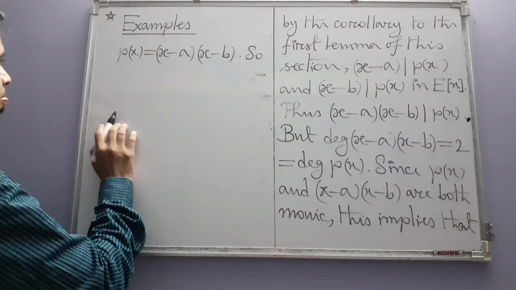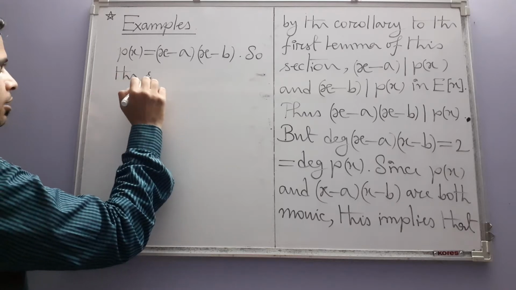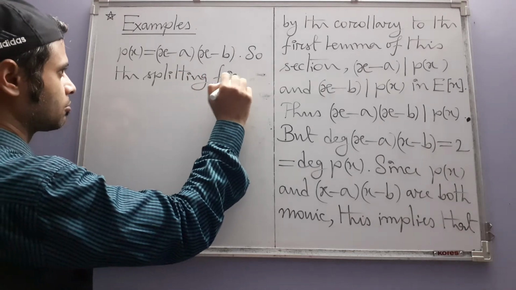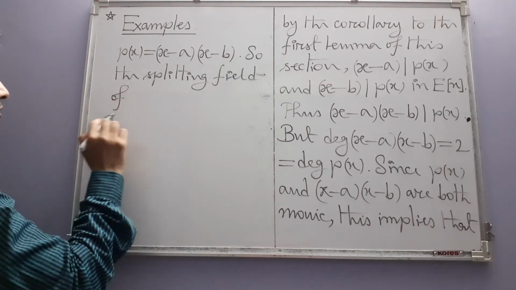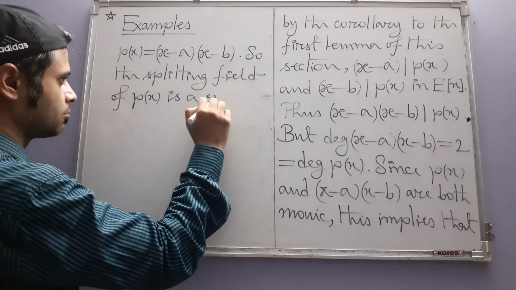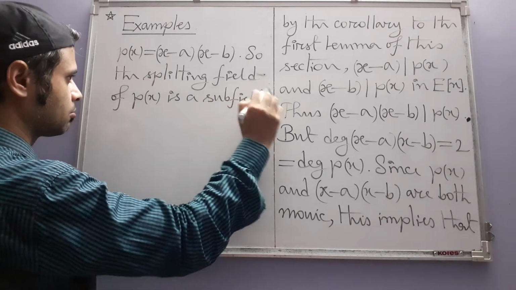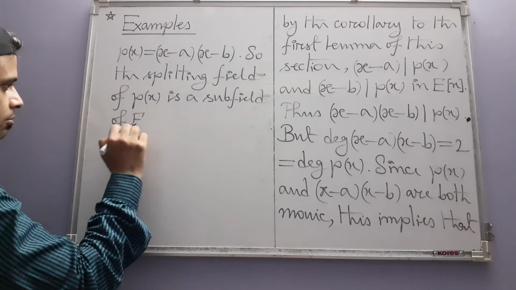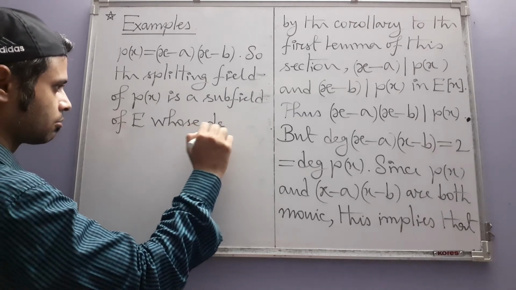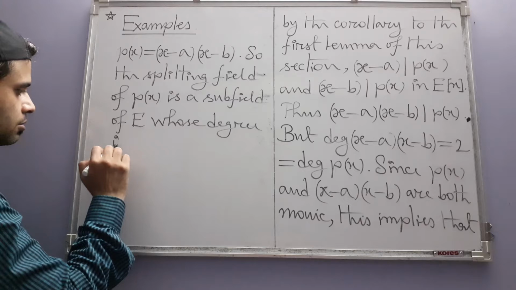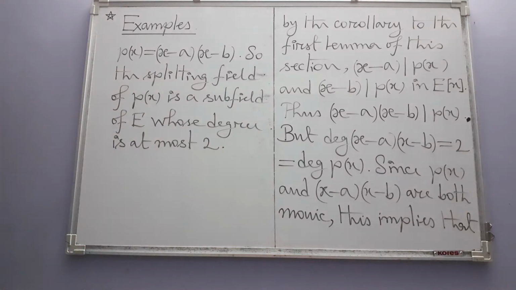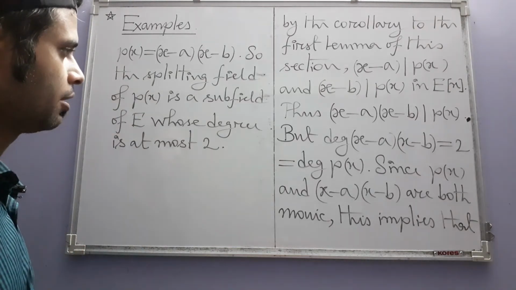So the splitting field of px is a subfield of E whose degree is at most 2, because that is the degree of the polynomial.